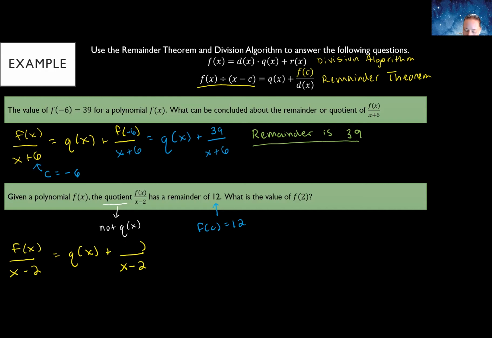That's going to be 12 up here, a remainder of 12. And if you look at the beginning part, x minus 2 tells us c is equal to 2. So we know f of 2 is equal to 12, because c is equal to 2. The question says, what is the value of f of 2? Your answer is f of 2 equals 12.